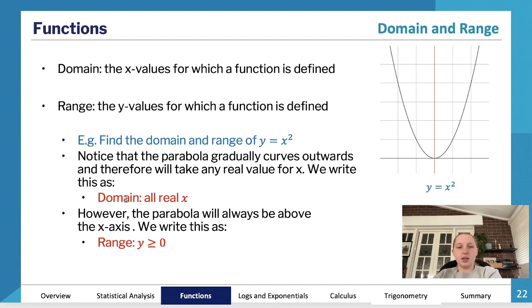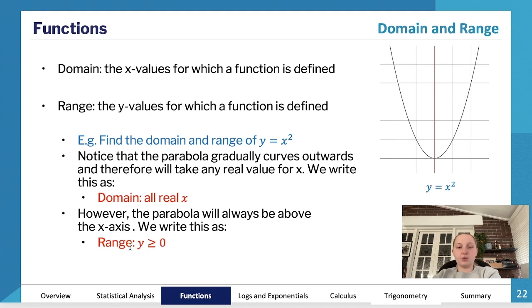Okay, then when we've got range, we can see, when we're just looking at this graph, that our graph is going upwards only. It's not going down, and we can see that it starts at y equals 0. So we can say that our graph is going up and up, and there's nothing that's going to stop it going up. But we're not going to have any value below 0 for y.